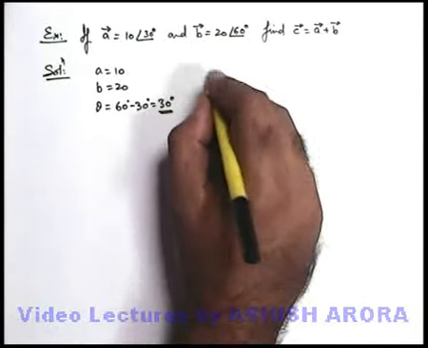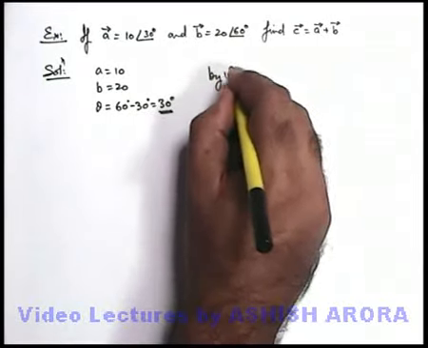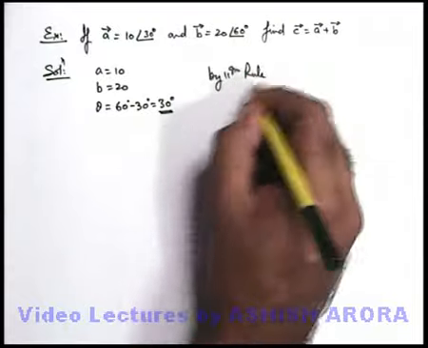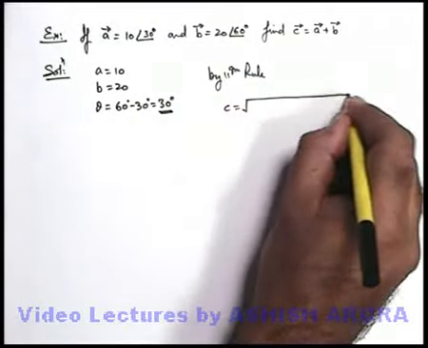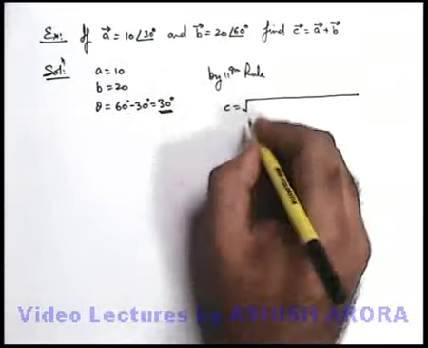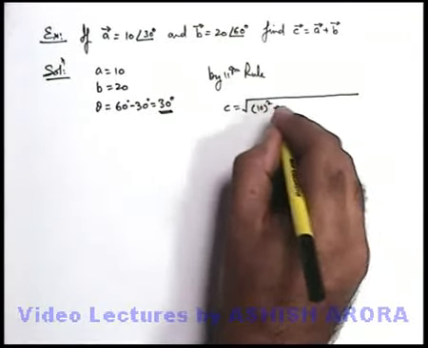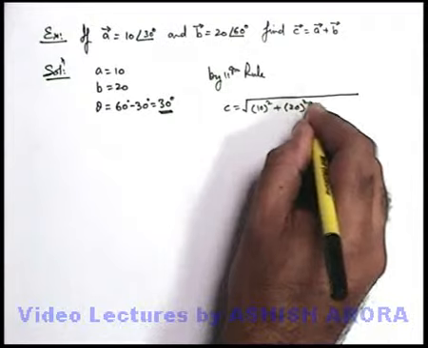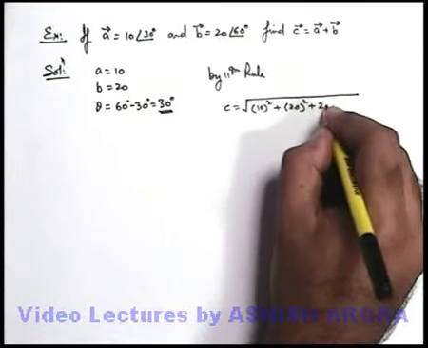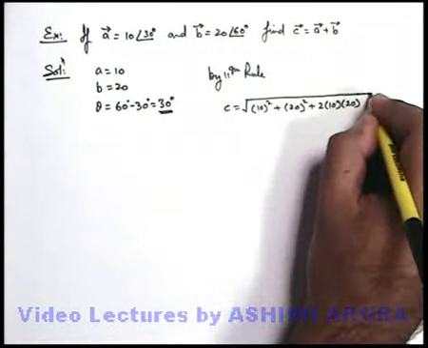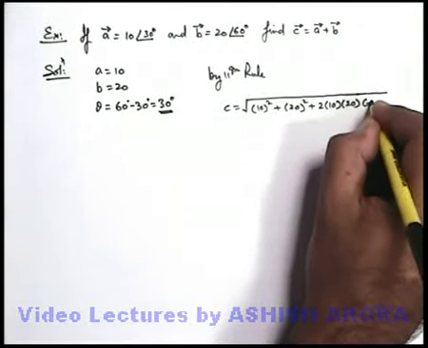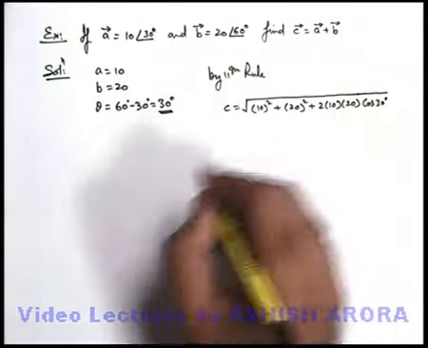By the parallelogram rule, vector C will have a magnitude given by root of A square plus B square plus twice of A into B into cos of the angle between the two, that is cos 30 degrees.